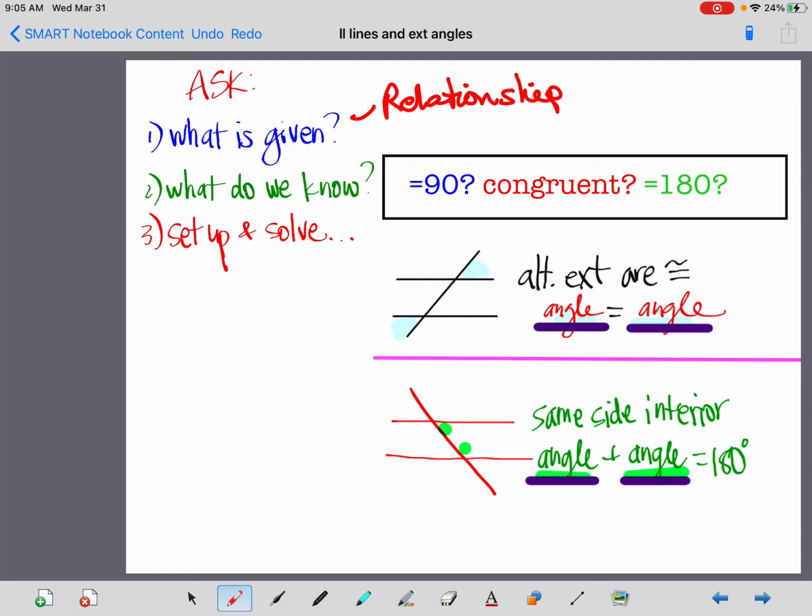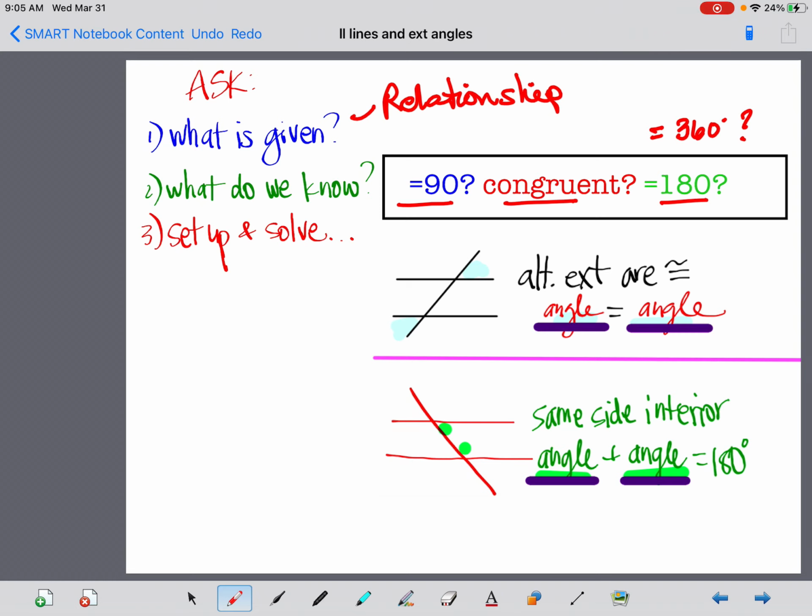And then what do we know about that relationship? Is it equal 90 degrees? Are they congruent? Do they add up to 180? And then we might have some situations where maybe they add up to 360 degrees if they're a circle, right?